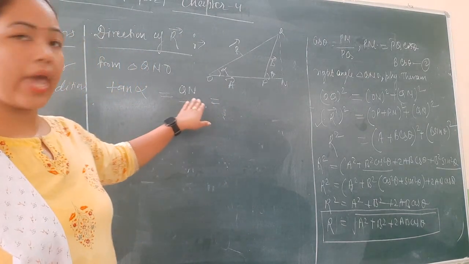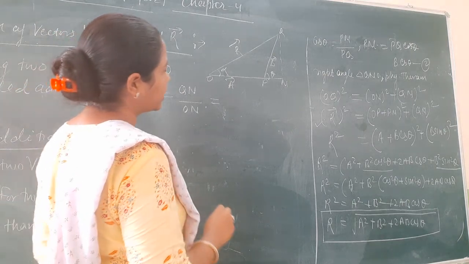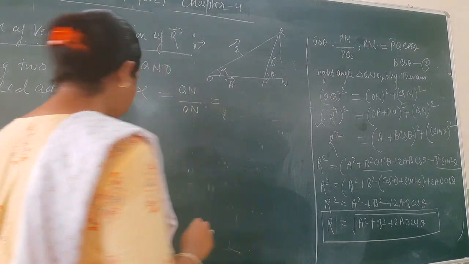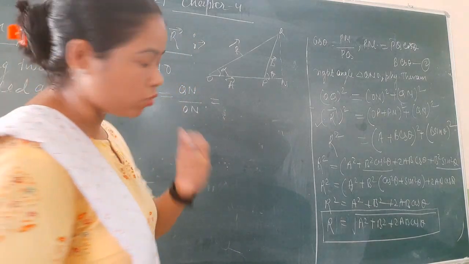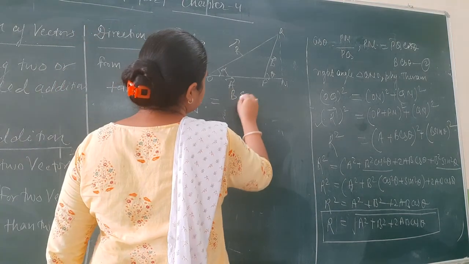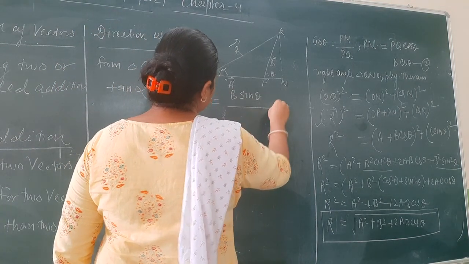Now QN. So what is the value of the QN? From the last equation we already have the value of the QN, that is B sin theta. And how can we write down ON?